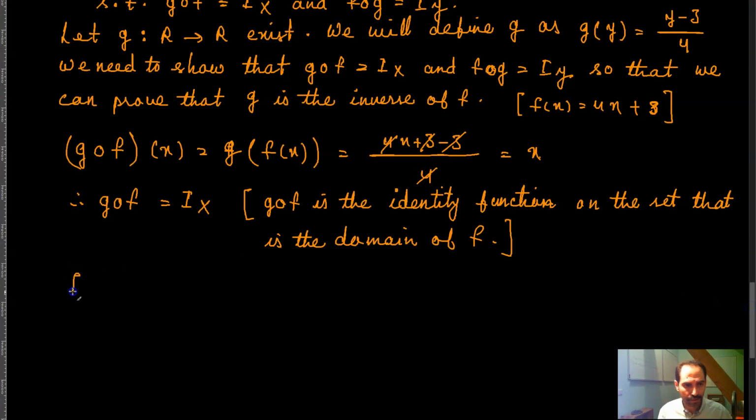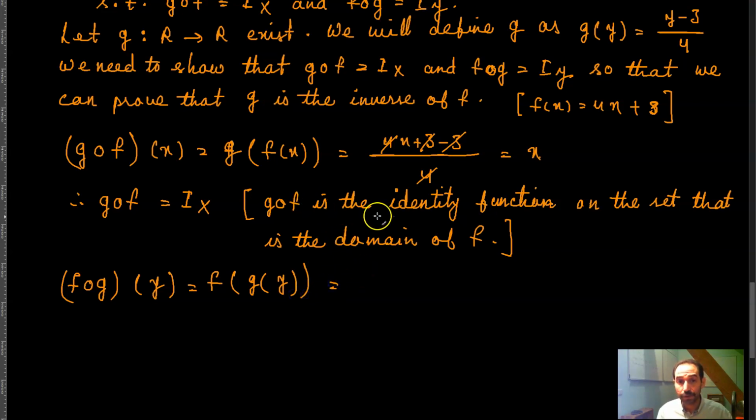So f of g of y is equal to f of g of y. Now g of y is this function here, and this is f of x.